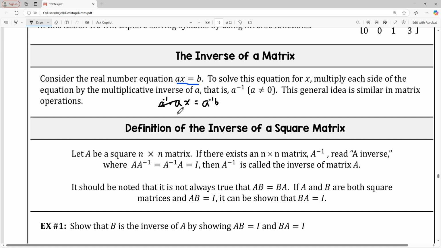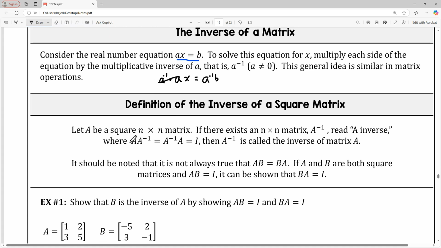So what that means is if a matrix has an inverse, I can get x by itself by multiplying by that inverse. A couple things worth noting that you never had to consider before. When it comes to matrices, the order of multiplication matters. Remember, the order of multiplication matters a lot when you multiply matrices together.